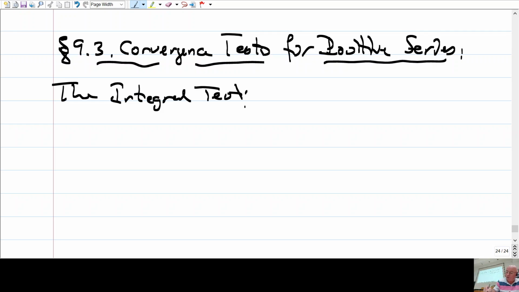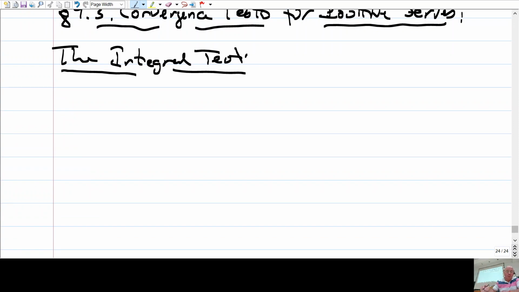Actually, we already used the integral test for the harmonic series. For the convergence of that series, I considered its graph and wrote down a function. We compared the areas of rectangles and the area under the curve and so on. That was actually the integral test. Now we will see it in a more general form.